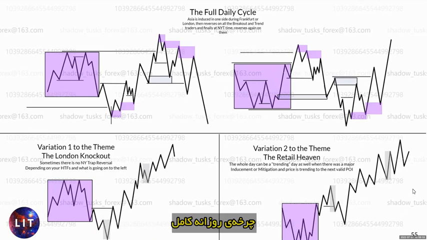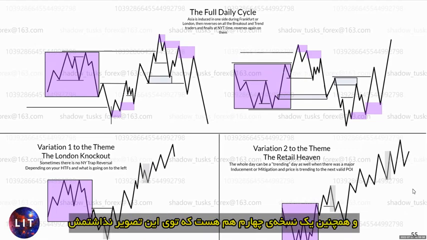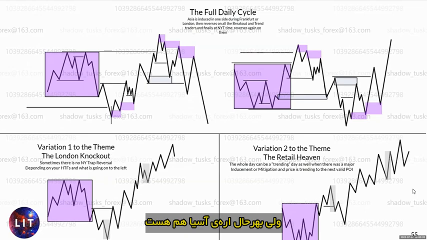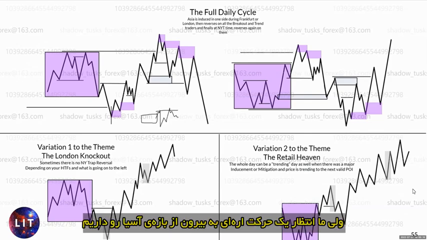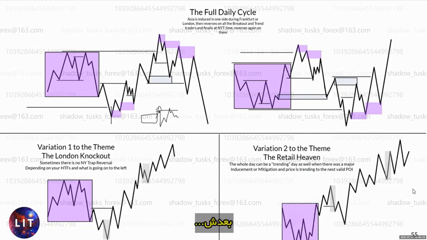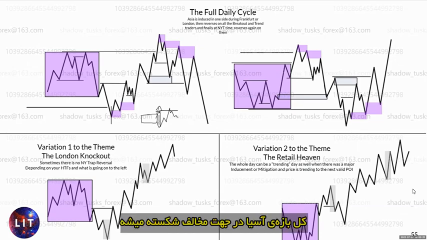The fully daily cycle, the London knockout, the retail heaven, and also, I didn't put it onto this illustration, the Asia whipsaw, right? Again, we have the Asia range induced in here, boom, it smokes the Asia range, that becomes the Asia whipsaw, and then you expect it to smoke the highs again, and then it can do whatever it wants after that. So we expect a whip out of the Asia range, then whoop, the whole Asia range gets smoked in the other direction, and then you expect this high to be taken out again.